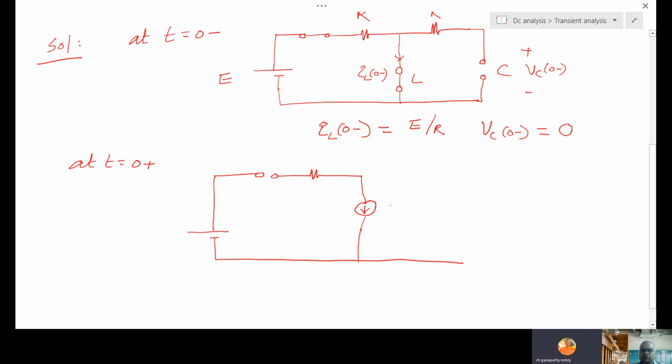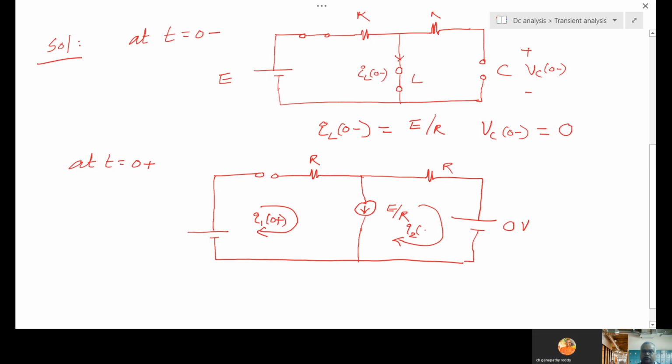The inductor is replaced with a current source of E by R, and the capacitor with a voltage source of 0. And what is given? This is i1(0+), this is i2(0+).